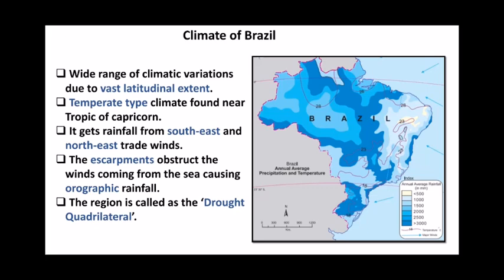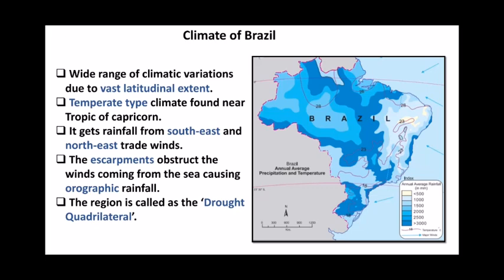They act as an obstruction. They block the winds coming from the sea and cause orographic rainfall in the coastal region. Beyond the highlands, the effects of these winds get reduced. As a result, the rainfall is very less in that area.